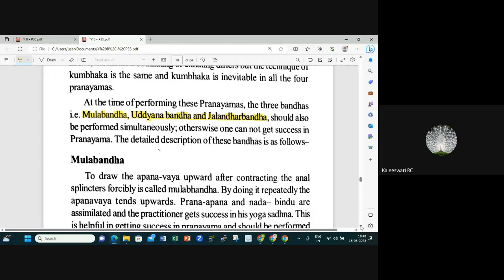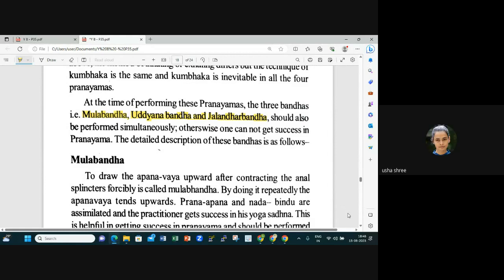How many questions? 12. 12 questions. Ma'am, I have a question. Yes. Out of these 4 pranayamas, Kumbhaka, if I understand it the right way, is breath retention, right? Holding the breath. Yes, yes.